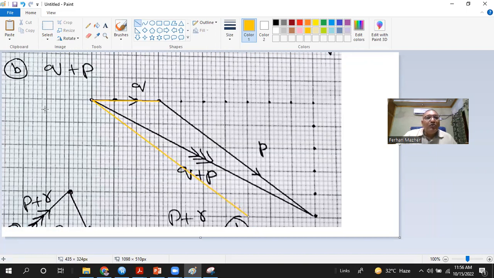So this is Q. I will make the Q and the P in such a way that their tails are joined.